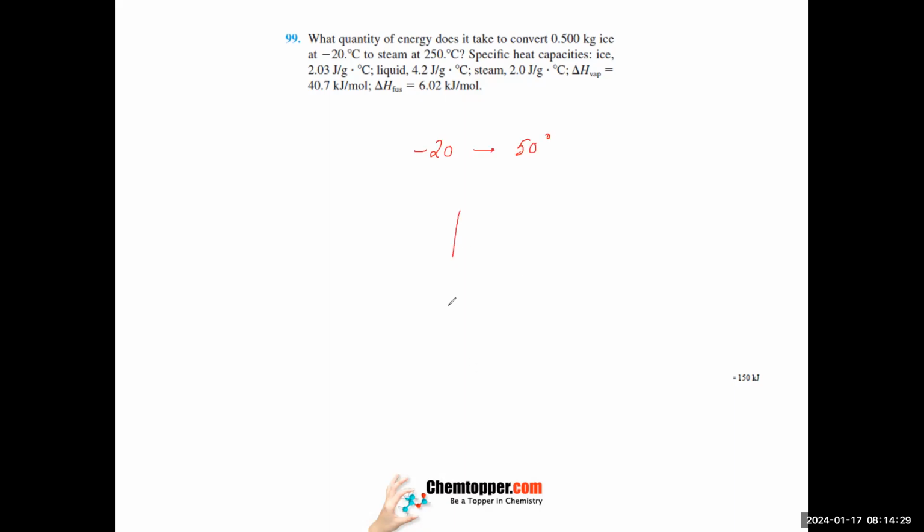How will the graph appear? This is -20. You will go to 0. This is 0. Melting, fusion. Then you go up to 50 only. So the graph will end here, 50. This is Q1. This is Q2.